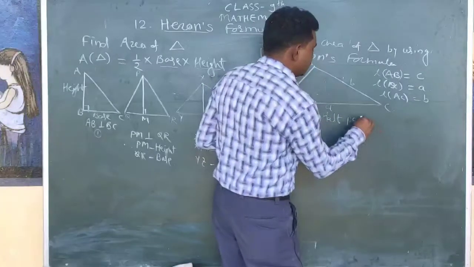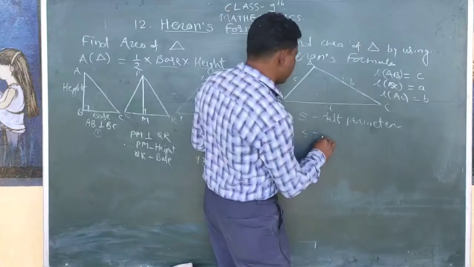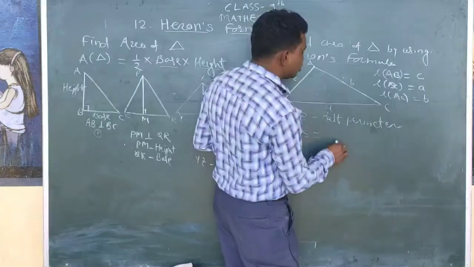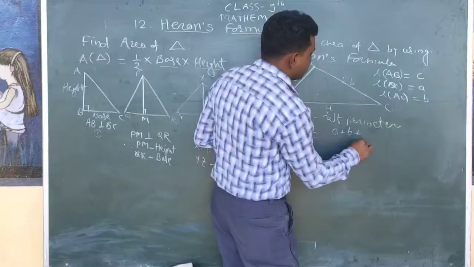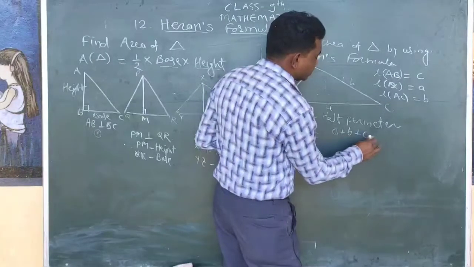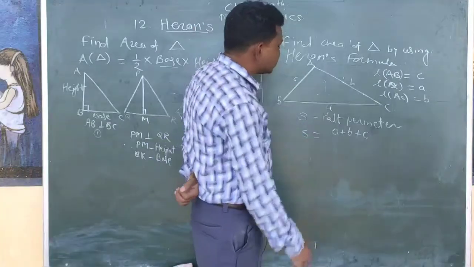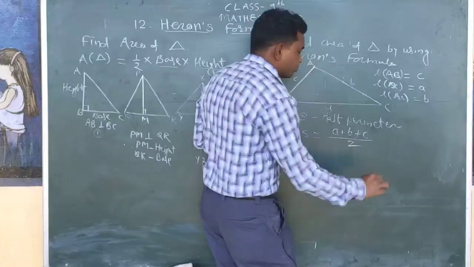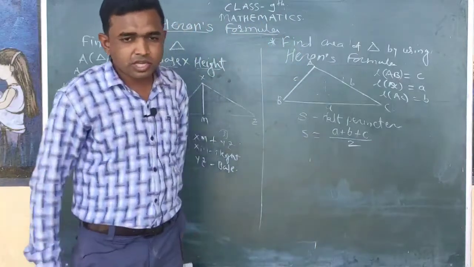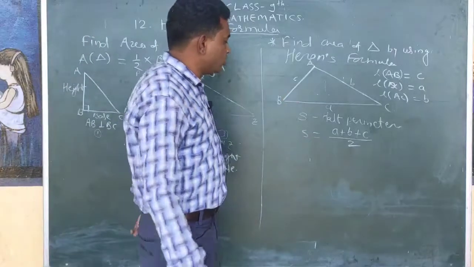What is the formula of the perimeter of a triangle? Simple: the sum of all the sides of the triangle. But s is the half perimeter, so we just divide this sum by 2. What is the value of s? a plus b plus c upon 2.